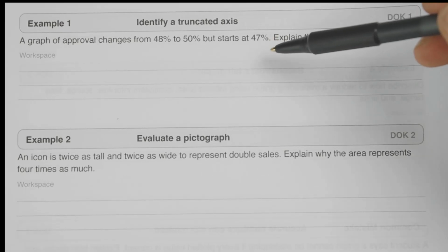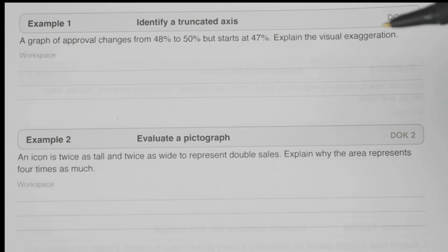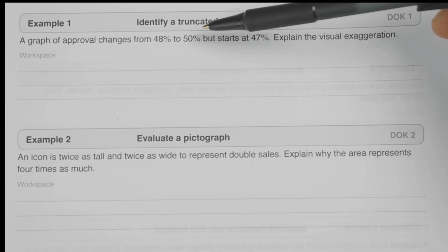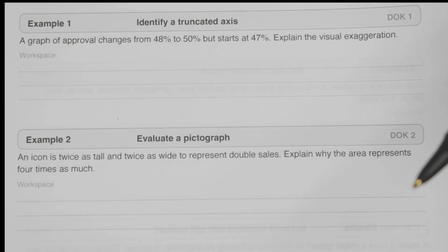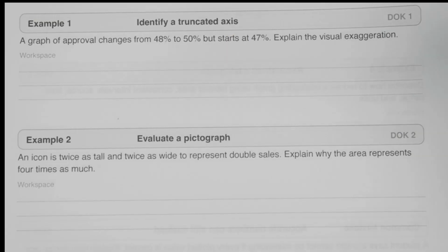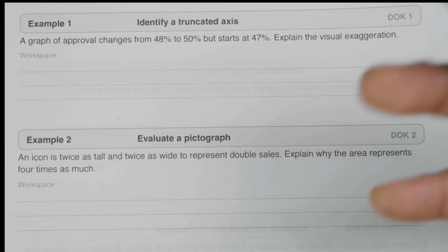Now, the difference between 48 and 50% takes up a large portion of that graph. Visually, it can make a 2% increase look absolutely enormous, right? So numbers may be correct, but the scale simply exaggerates the change.